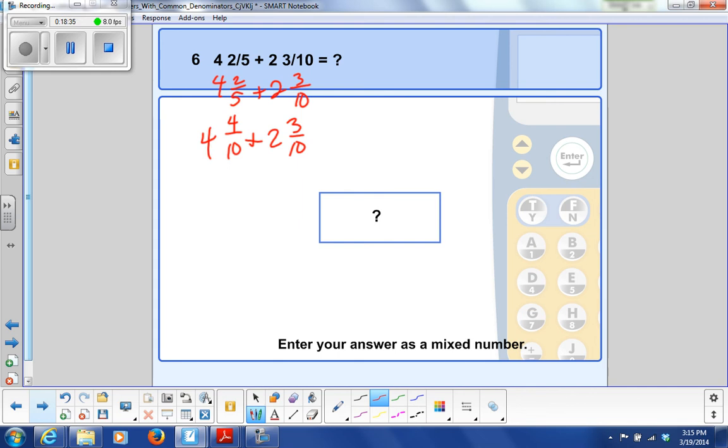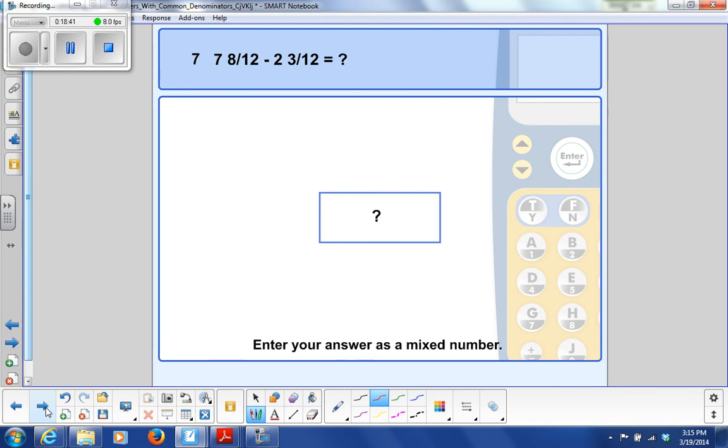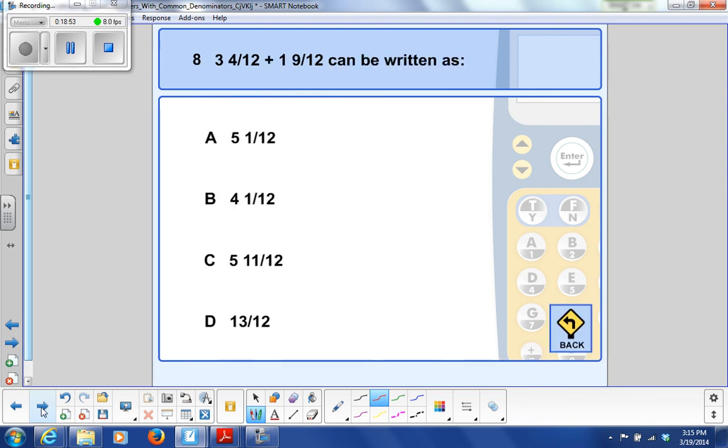Okay, so an equivalent fraction to 2/5 would be 4/10. Okay, 7 and 8/12 minus 2 and 3/12 equals what? Mixed number. Don't forget mixed number. 3 and 4/12 plus 1 and 9/12 can be written as.